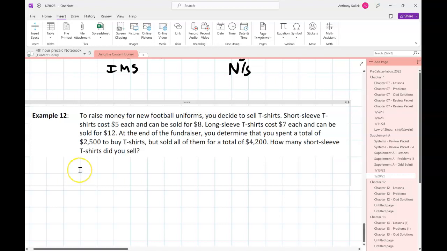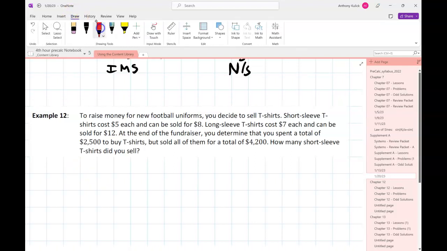Long sleeve t-shirts cost $7 each and can be sold for $12. At the end of the fundraiser, you determine that you spent a total of $2,500 to buy t-shirts and sold all of them for a total of $4,200. How many short sleeve t-shirts did you sell?